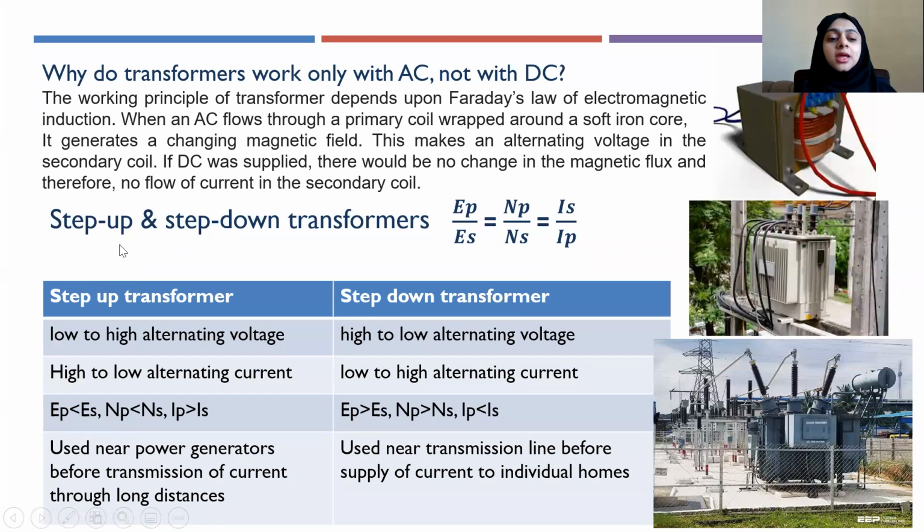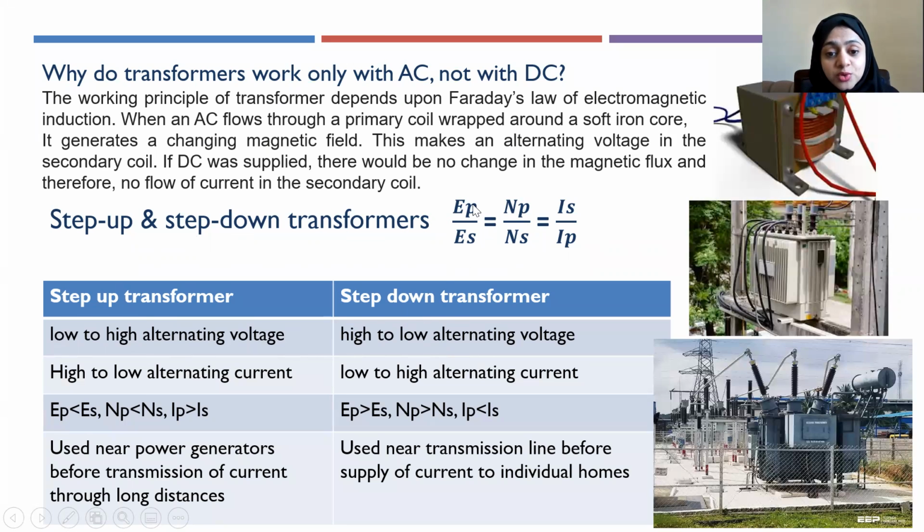Now, let us again analyze the case of step-up and step-down transformers in the light of this equation. Step-up, as we saw before, converts low voltage to high voltage, and step-down converts high voltage to low voltage.